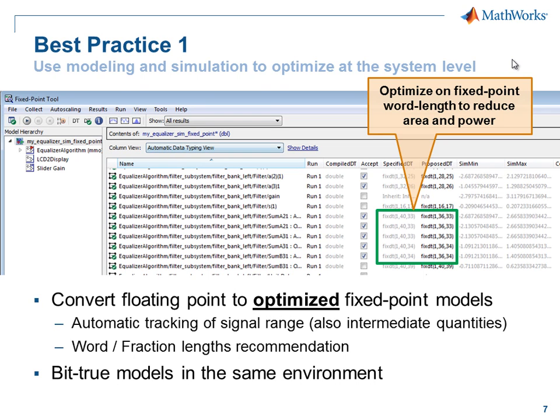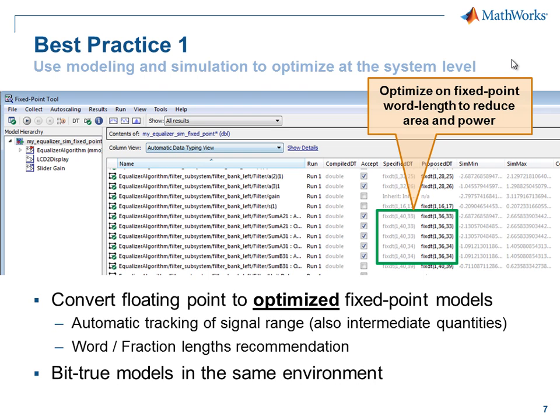But in addition, because we are having floating point and fixed point models in the same environment, we will now be able to compare the impact of fixed point quantization and to quantify the error introduced by fixed point conversion.